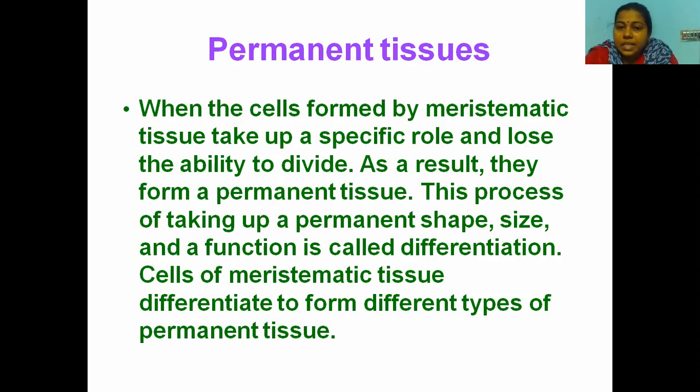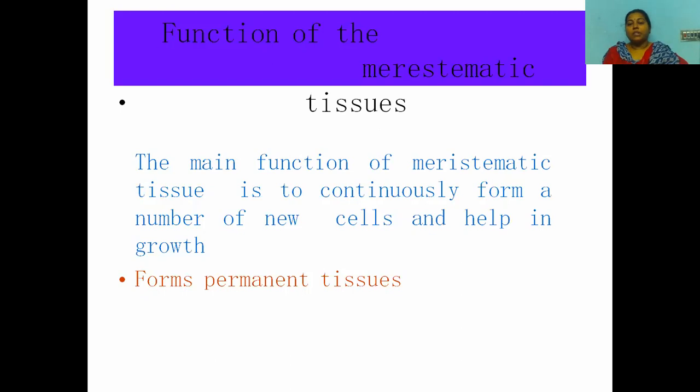Before closing the meristematic tissue, I would like to explain its features once again. The meristematic cells are, see children, spherical, oval, or some are cuboid in shape, some are polygonal in shape. The cells are very compactly arranged. There are no intercellular spaces present.